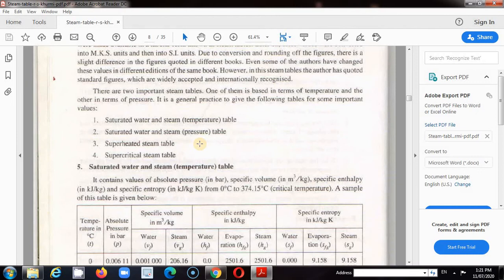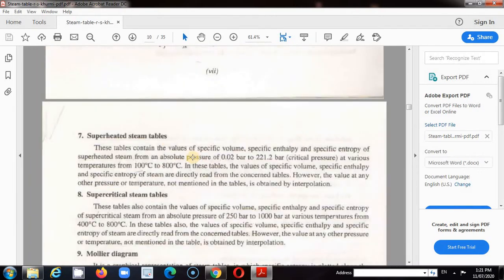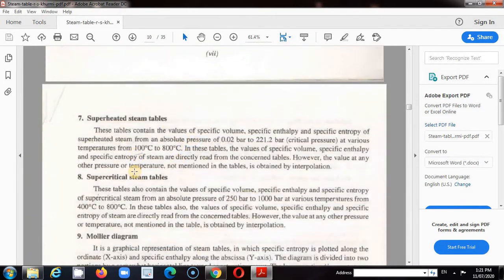Similarly, when we heat that saturated steam to a higher temperature, it becomes superheated steam. So we must study superheated steam where it is needed. In a large capacity power plant, where high temperature and high pressure are required, it is mandatory to produce highly heated steam, that is, superheated steam.